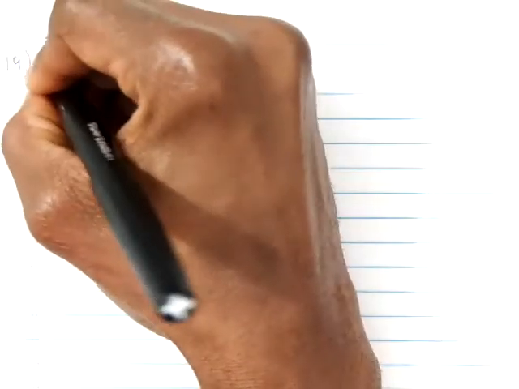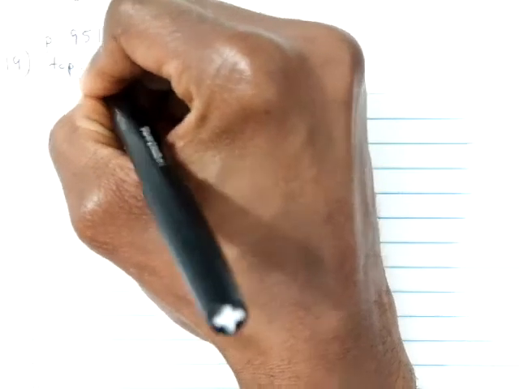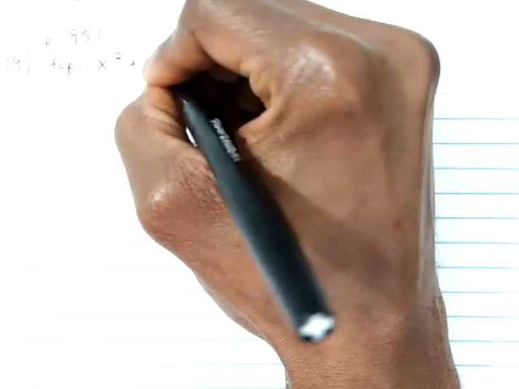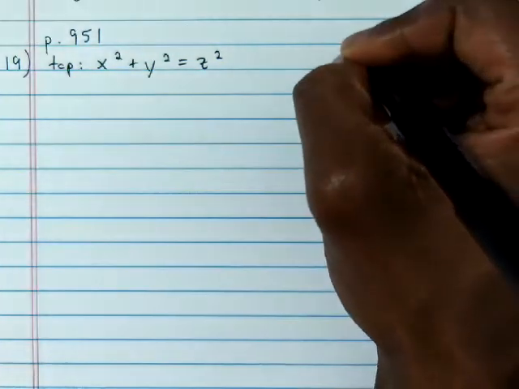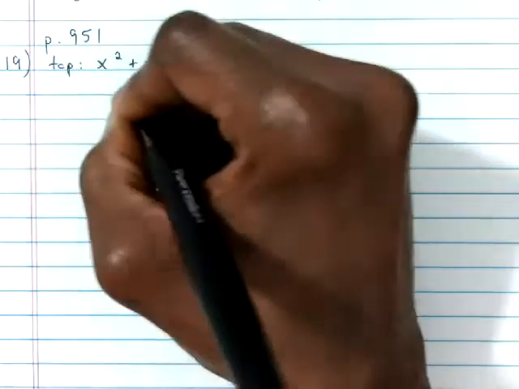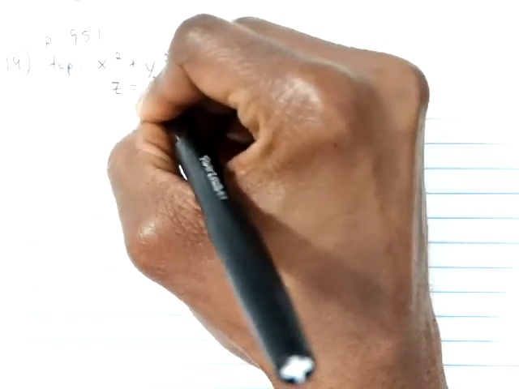We are given the solid region bounded above by the upper nappe of the cone, x squared plus y squared equals z squared, on the sides by the cylinder, x squared plus y squared equals 4, and below by the xy plane. So here our top is x squared plus y squared equals z squared. But they told us it was the upper nappe of that cone, so that's just going to be z equals the square root of x squared plus y squared.